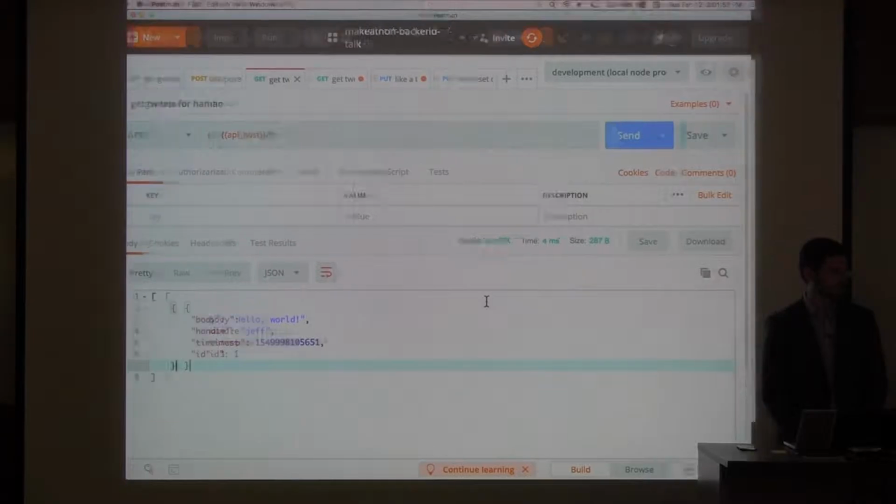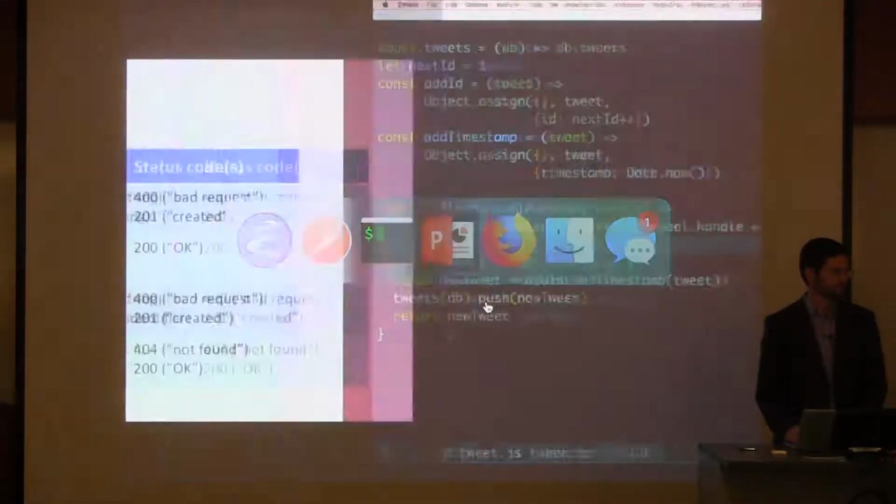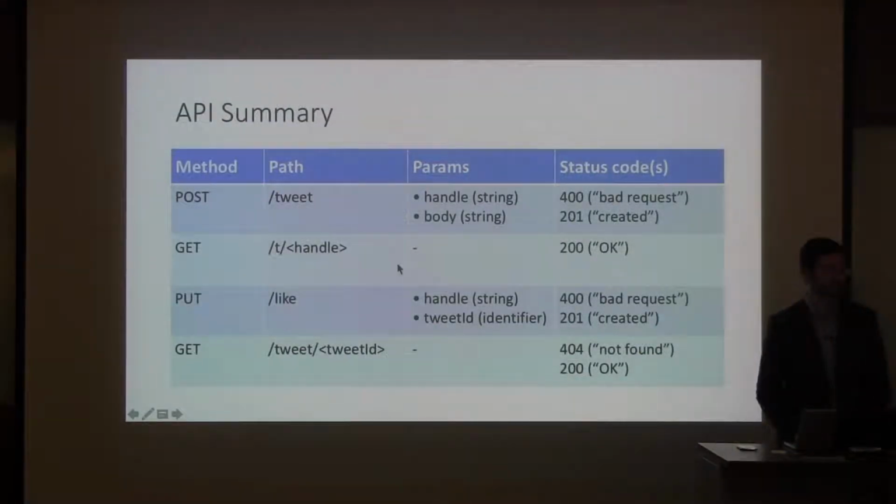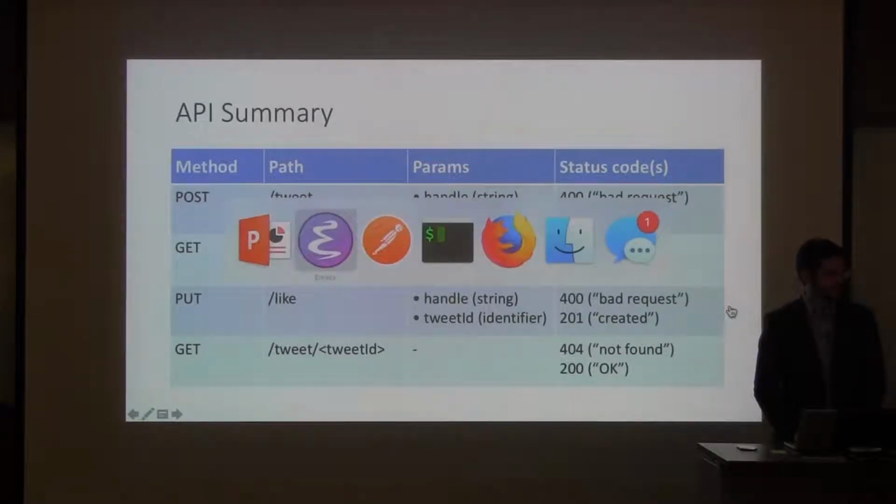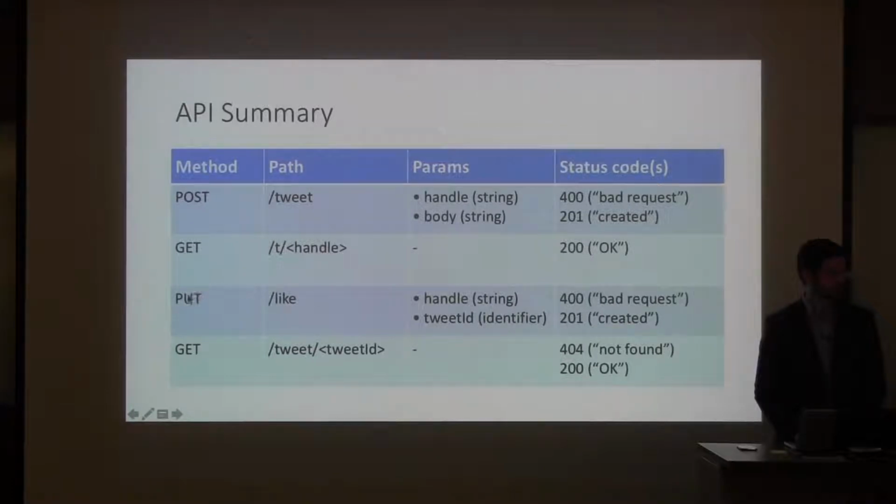All right, so we've got two endpoints down, two to go. Now let's do the like. So we want to handle the like. This is going to be a put method. The path is going to be /like, and it's going to take a couple of parameters.